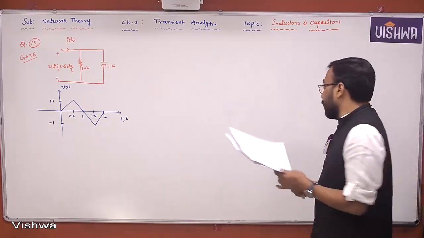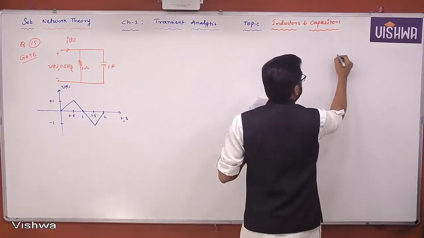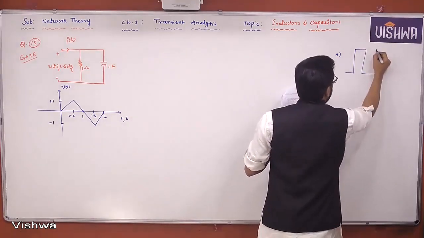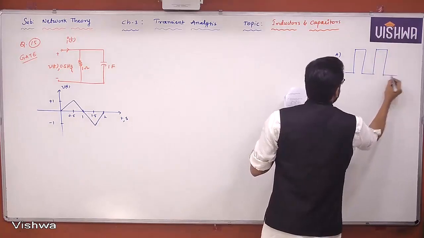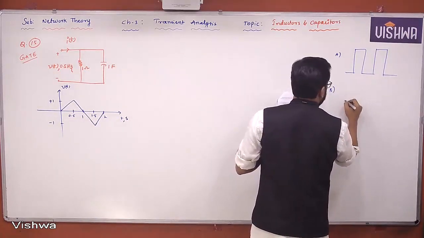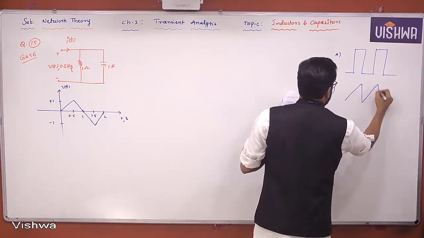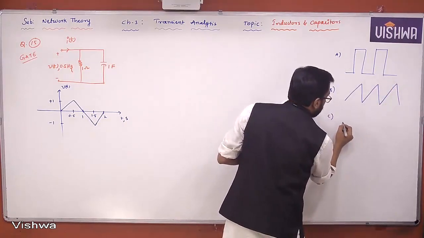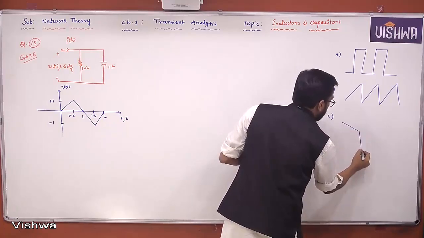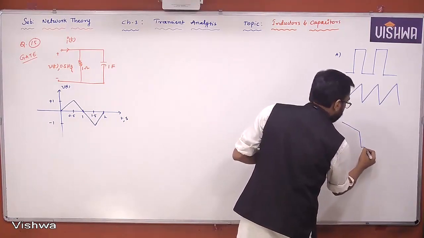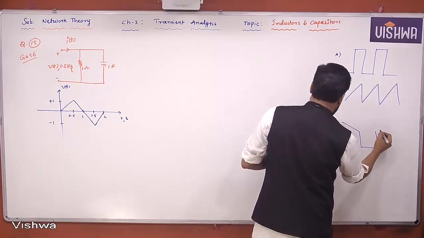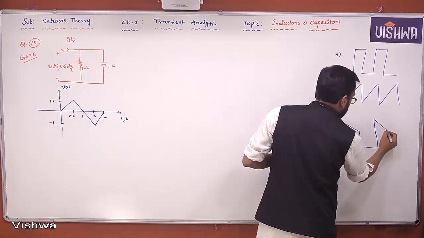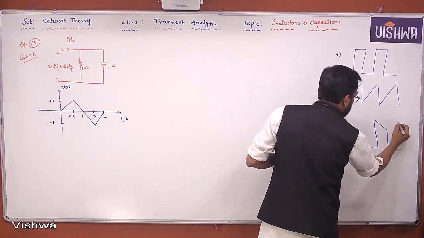So if you look at the waveforms given, what is option A? A rectangular pulse. B, sawtooth waveform. C is some combination of the rectangular and triangular.